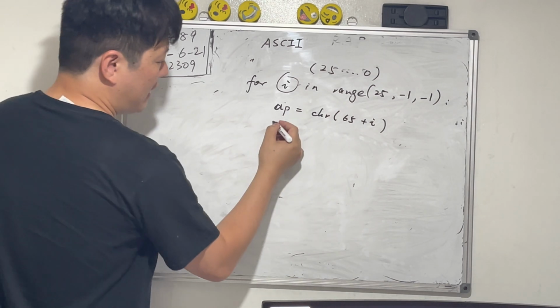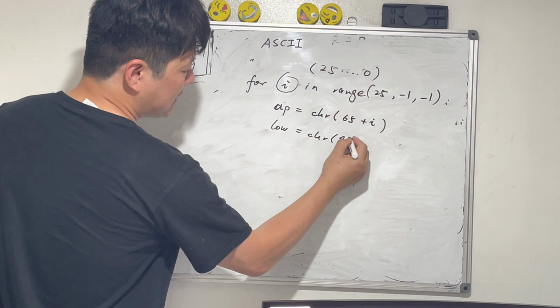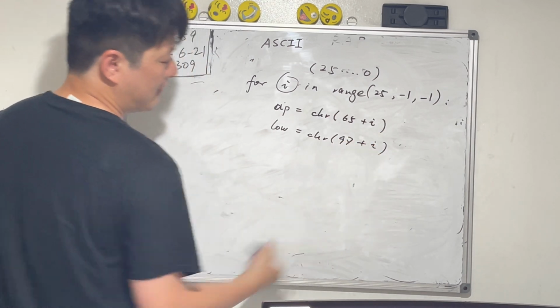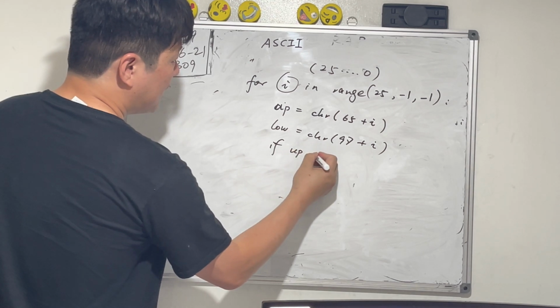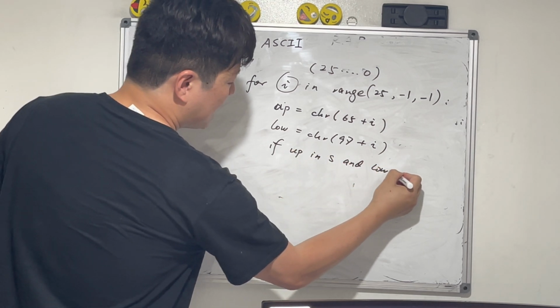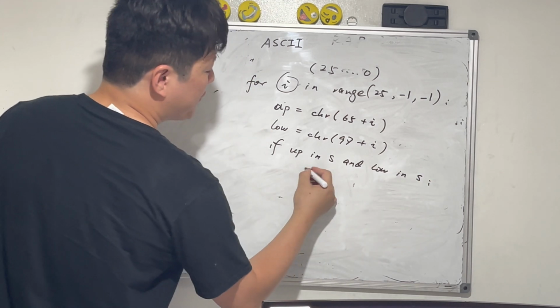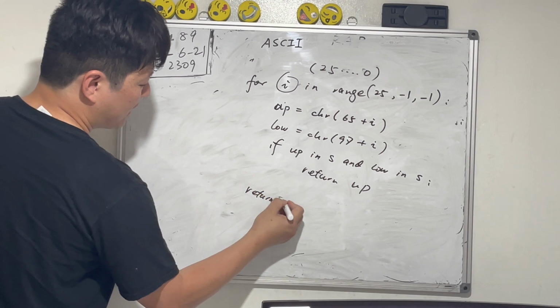And the lowercase is chr(97 plus i). Now we just have to check if uppercase is in the string and lowercase is in the string, then we return uppercase, and then return empty string if we found nothing.